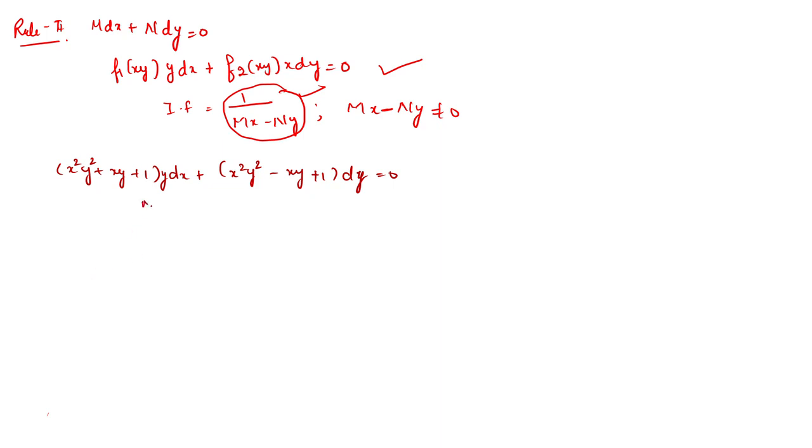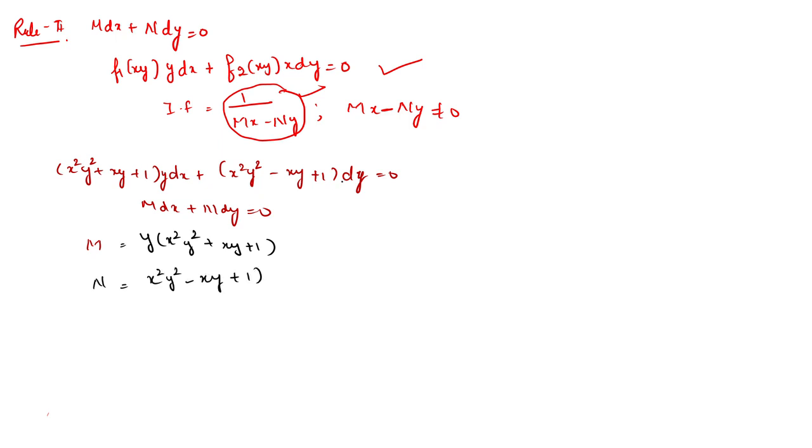If I compare this with M dx plus N dy equals 0, our M should be y times (x square y square plus xy plus 1), and our N is x times (x square y square minus xy plus 1).